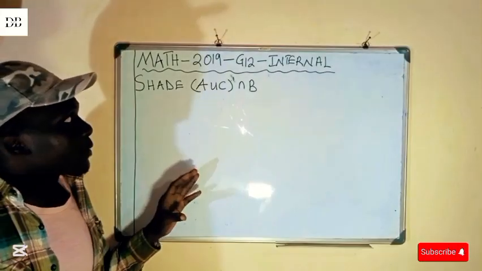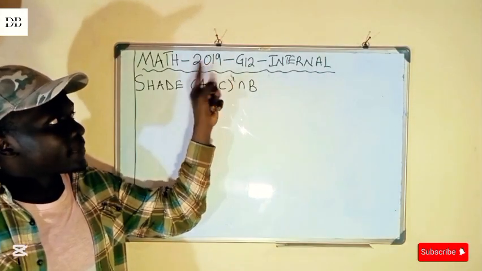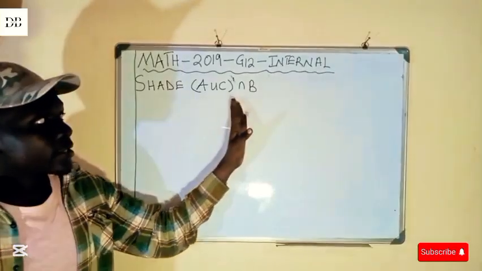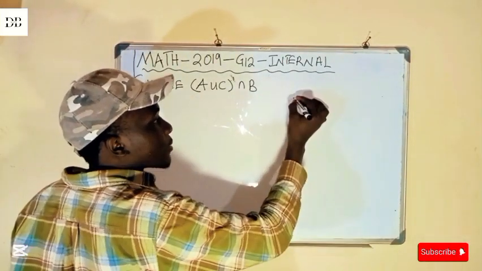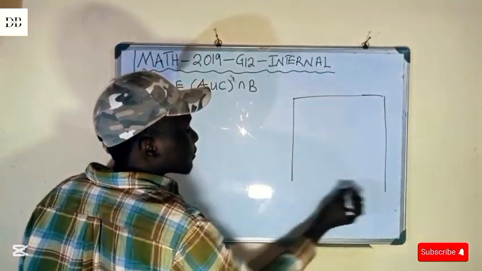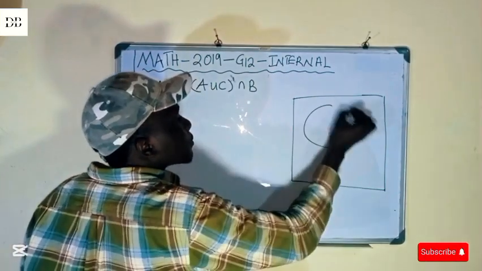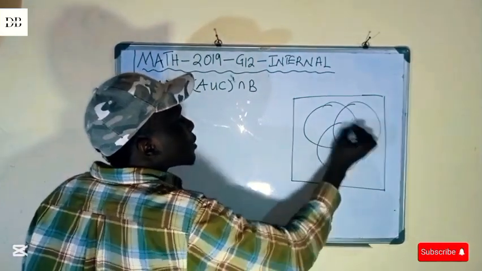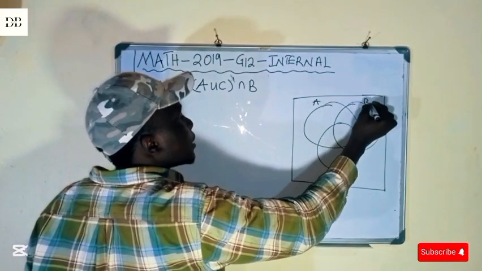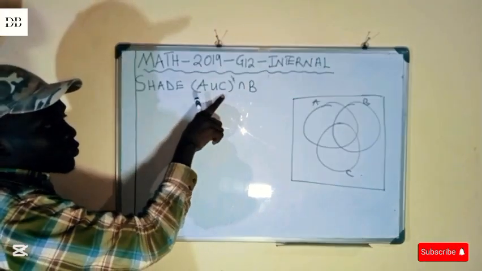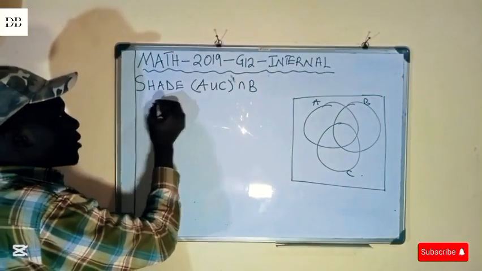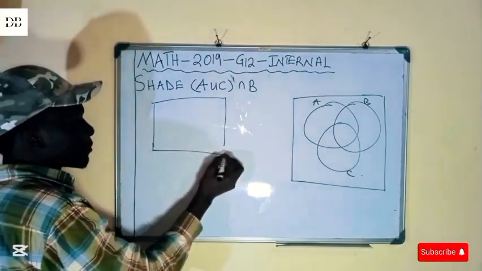Here is another question from the 2019 past paper internal, asking us to shade this. So let us write where we'll put our answer. So we have set A, B, and C. So here what to first find is A union C. But before then, we follow the same step.